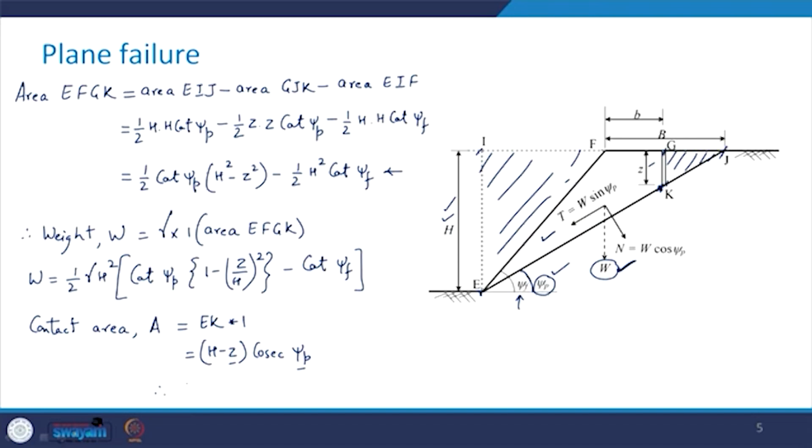So, I can write it again in this form which has z upon h as one of the terms, (1 minus z upon h) cosec psi p. So, this is how we can find out the weight of the block here and the contact area.